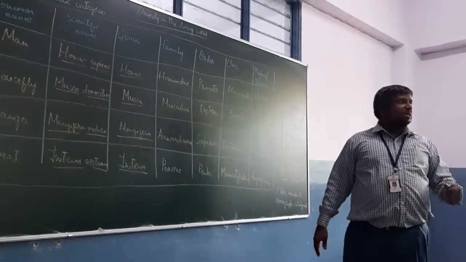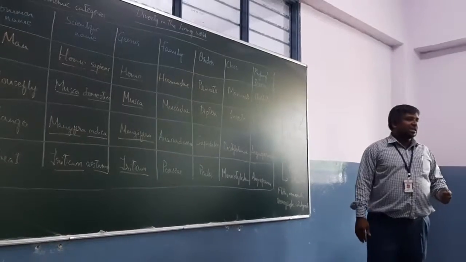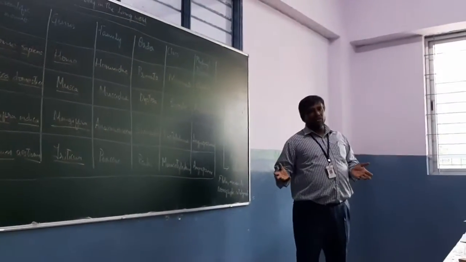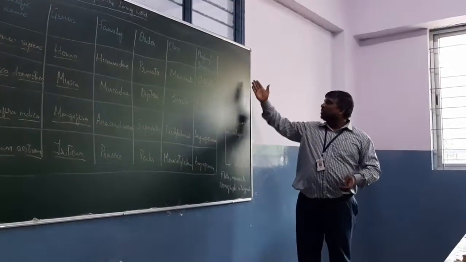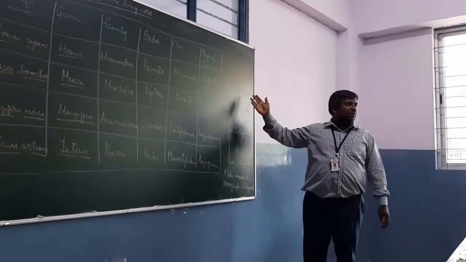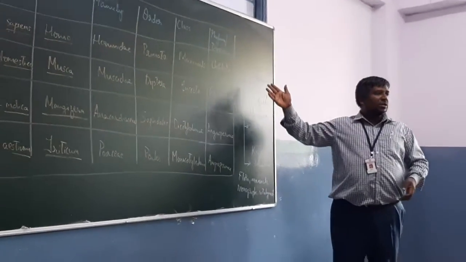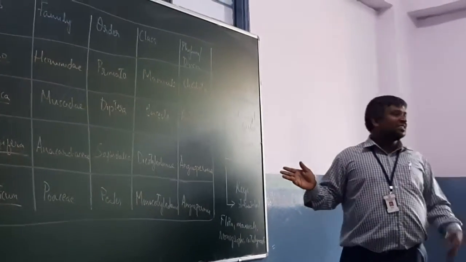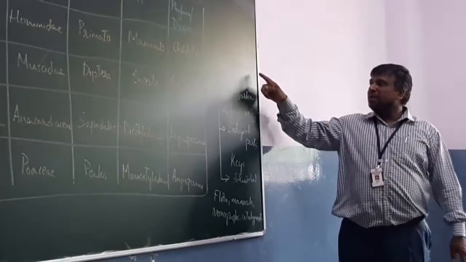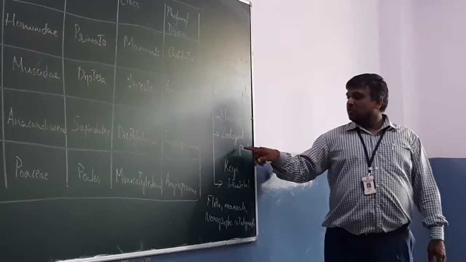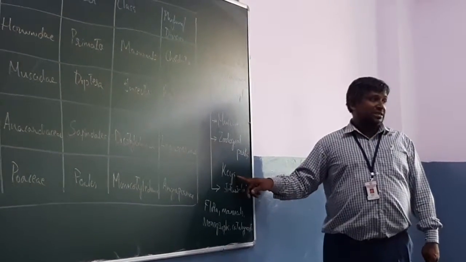Now the taxonomic aids that we are going to discuss help us in understanding the diversity of the living world. Those taxonomic aids are of the following types. For 3 marks or 4 marks, it asks to write in detail about any 2 of the taxonomical aids that we are studying: herbarium, botanical gardens, museum, zoological parks, keys.